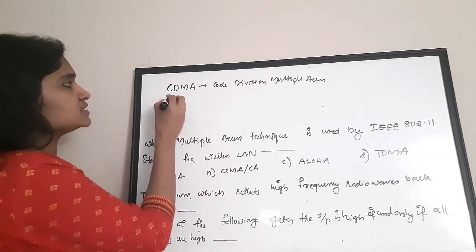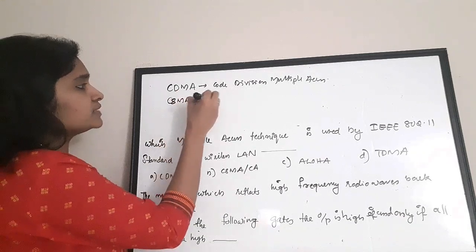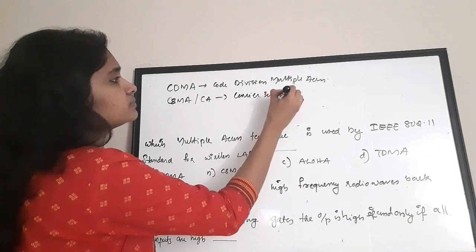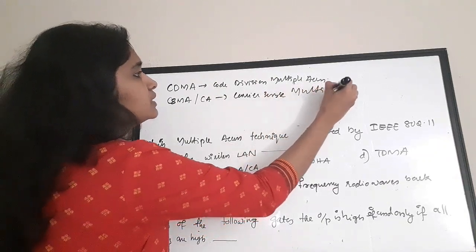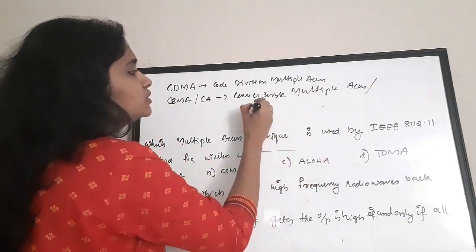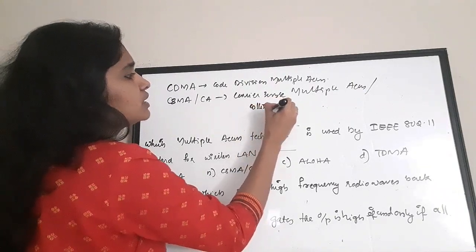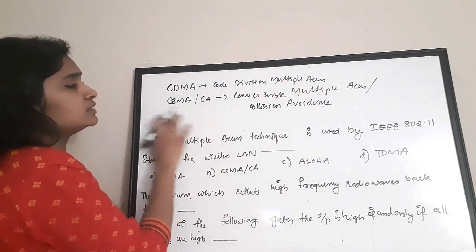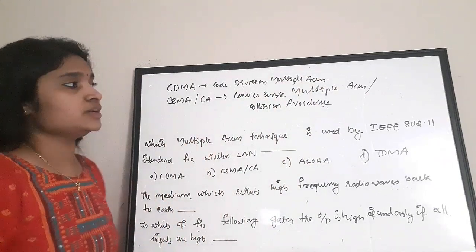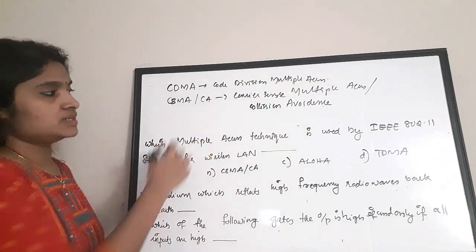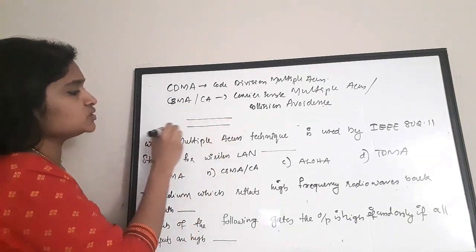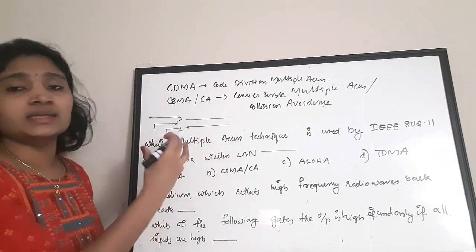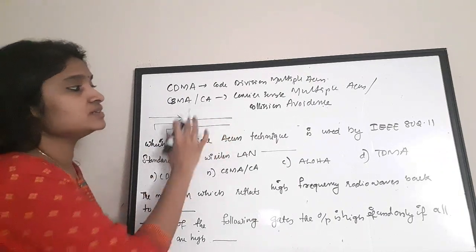Then the next one is CSMA/CA, carrier sense multiple access with collision avoidance. Carrier sense multiple access is a method in which there is a communication channel, and each user who wants to send data through this channel will sense for any carriers or electrical signals present in the channel.